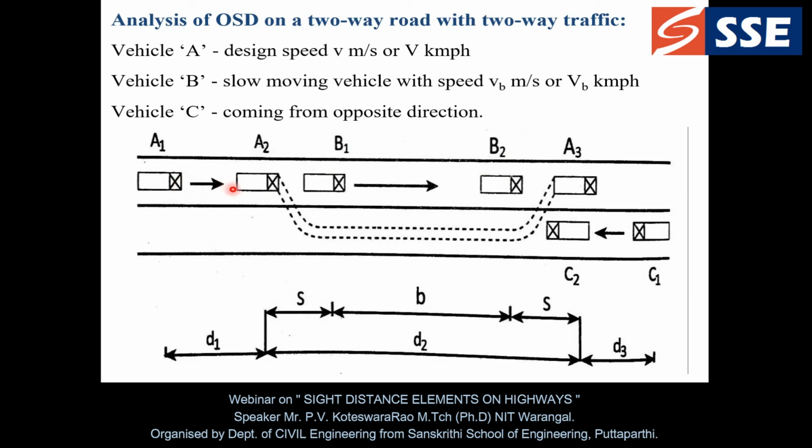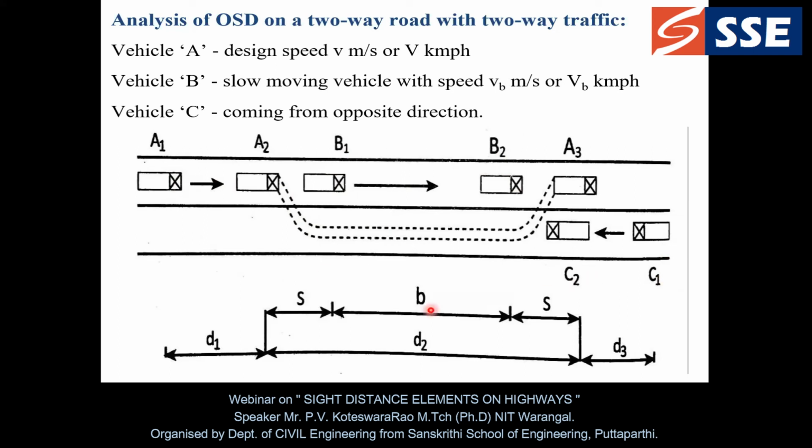After this, the driver thought to overtake the vehicle. Then he is going to deviate from that lane and cross the lane, and he travels a certain distance along the opposite lane and overtakes. Now, in this process, the vehicle B also travels from B1 to B2. And in the same way, the vehicle C in the opposite direction travels a distance from C1 to C2.